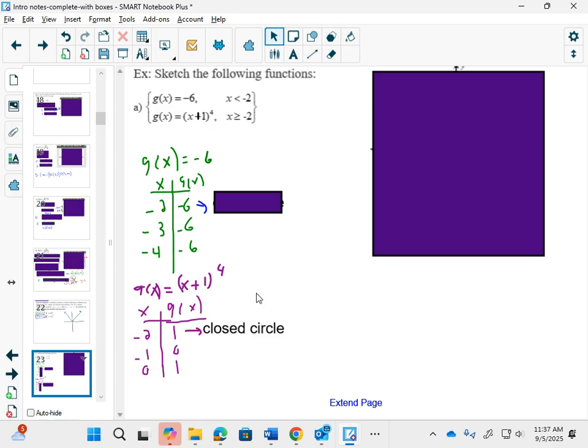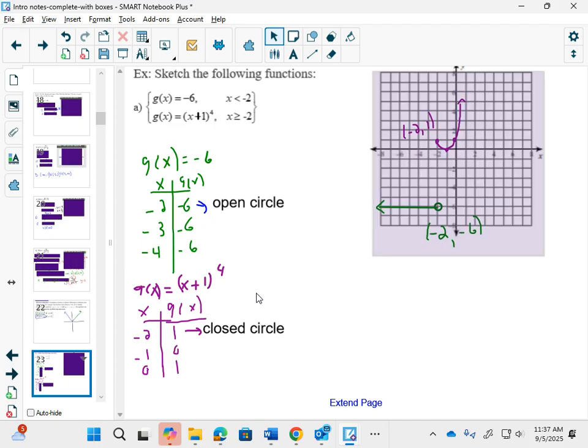And we're going to find out here, see, this one has a less than sign. That means at that starting point, it's going to be an open circle because it's not included in that equation. And on the other piece, because I have the equal sign, that one's going to be a closed circle. So when I put both of those graphs together, y equals negative 6 is just a straight horizontal line, but it has an open circle.